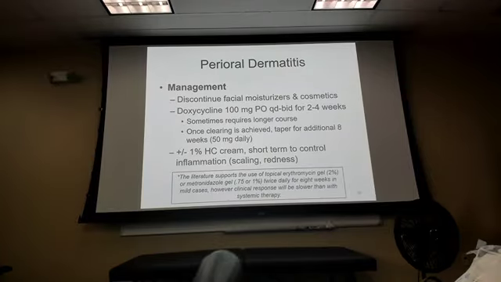Literature supports the use of topical erythromycin gel or metronidazole gel twice daily for 8 weeks in mild cases. However, clinical response will be slower than with systemic therapy. Basically, let's not use erythro and let's not use metro, okay? Let's go ahead and stick with the Doxy.